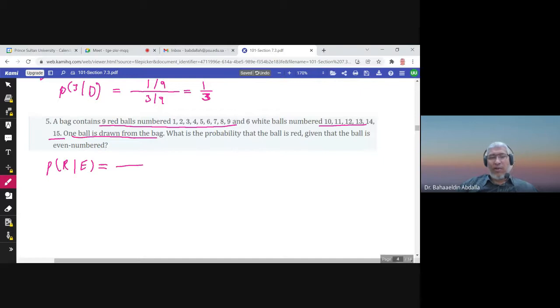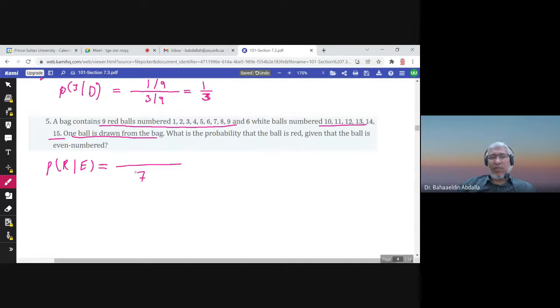Well, here, equally likely, I have 15 balls. Each ball can be selected. How many even balls are there? I have 2, 4, 6, 8, 10, 12, 14. So I have 7 even balls.